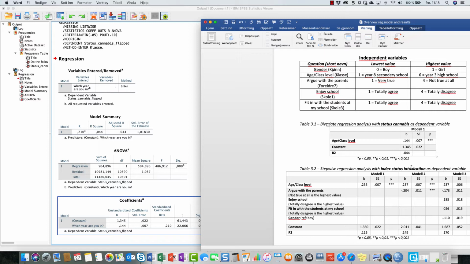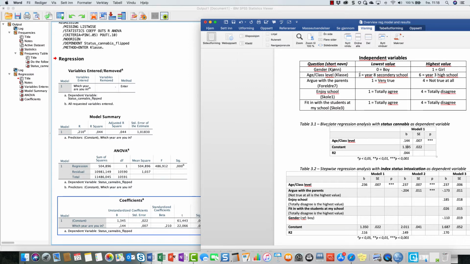However, class or age goes from 1, year 8 in secondary school, to 6, year 3 in high school. So it doesn't have 0 as a substantial value, so I cannot interpret the constant. That will be the answer to the interpretation of the constant.